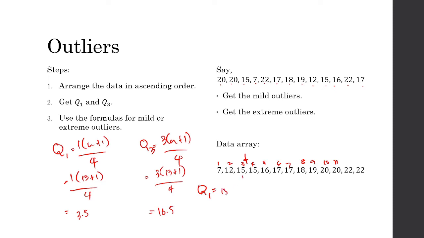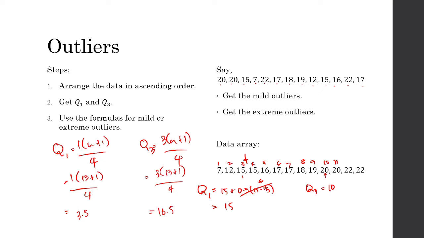Lower value, we have there 15 plus 0.5, the fractional value natin sa position, sa rank, times 15 minus 15, which is actually 0. So, 0 tong buong to. Kaya, ang first quartile natin is 15. So, for the third quartile, same scenario. Lower value natin is 10.